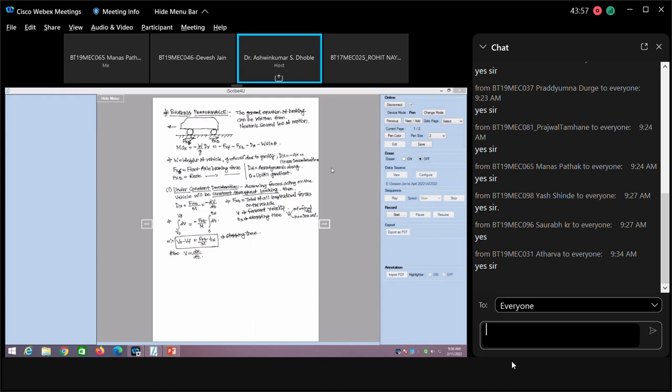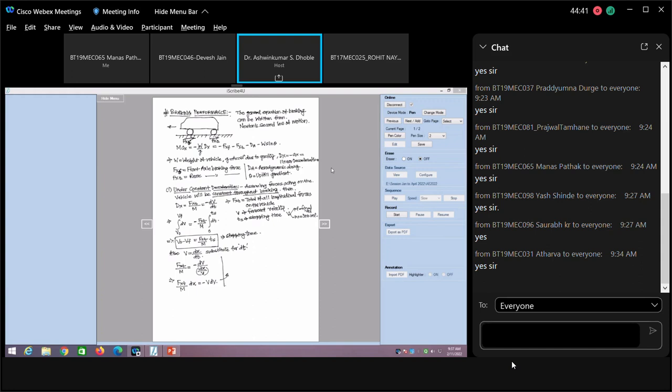So substitute for dt, so you can say that Fxt by m is equal to minus dv divided by dx by v. So this is the substitute. Now if you do the term separation, Fxt by m into dx is equal to minus v dv, and then you integrate this equation.